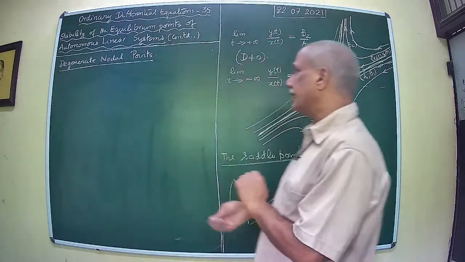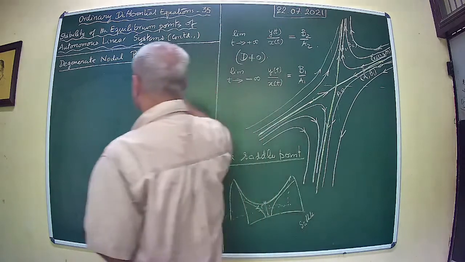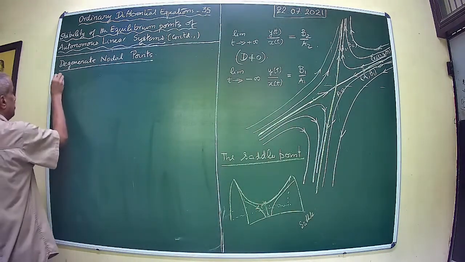The degenerate nodal points is again the following. Okay, you have this case 2.